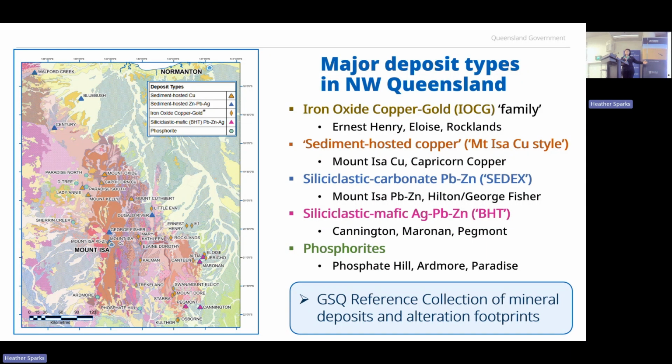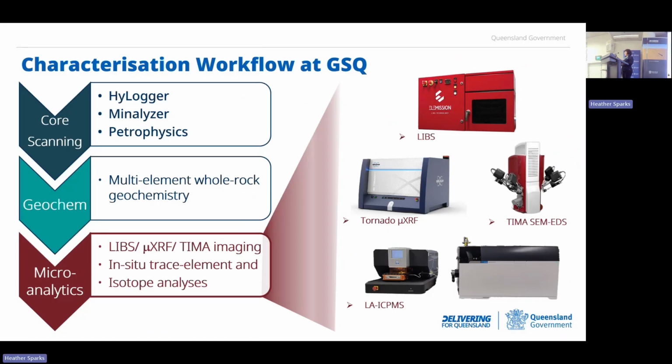But also the main point is just to show the variety of the deposit types and our approach to characterize the different deposit types in different systems in a consistent and comparable way between the northeast, northwest, across the state. So Vlad already mentioned our detailed characterization process starting from the core hole geochemistry.